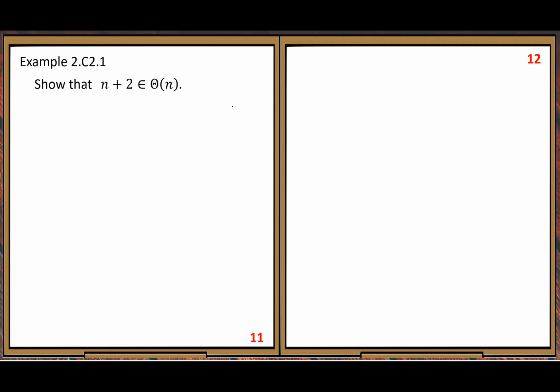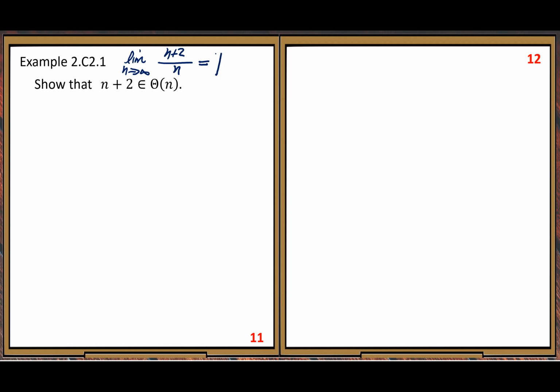Here the limit way is very simple. If you use the limit way, you can get the answer immediately. You take the limit as n goes to infinity of (n plus 2) over n, which equals 1. You calculate the limit. 1 is a non-zero constant. Then you can say n plus 2 belongs to big theta of n. That's the limit way.